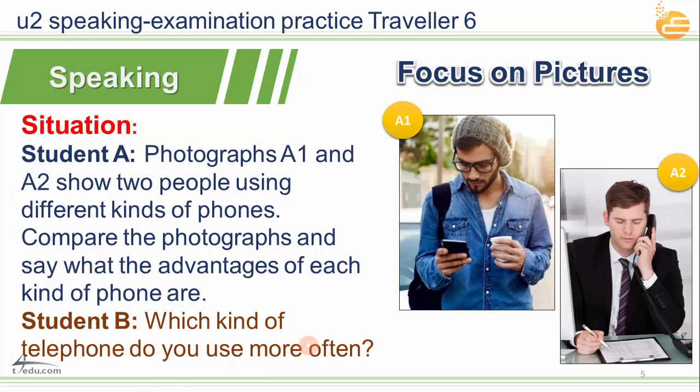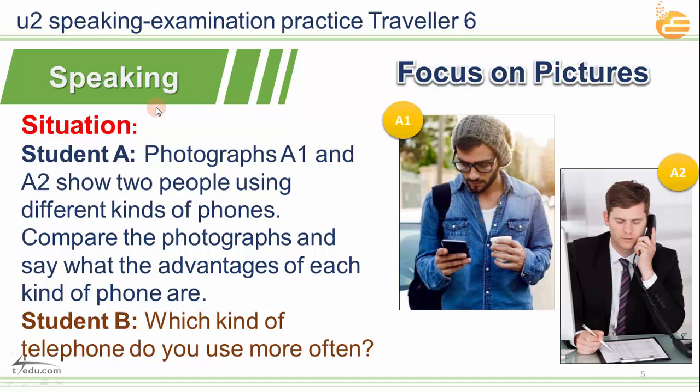So let's see some sample answers for picture A. In picture A1, we have someone on the street with a cell phone, drinking something. In the second photo, we have a man in a suit who seems to be talking on a landline during his work.